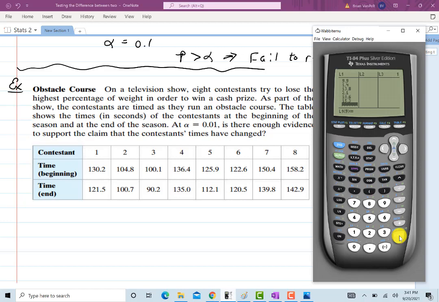So after you have your data entered, go into Stat, and then choose Calc, the second one over, one variable stats, and we want to get the SD. Just enter your way through this. We want the D bar and the SD. D bar, 8.2375.